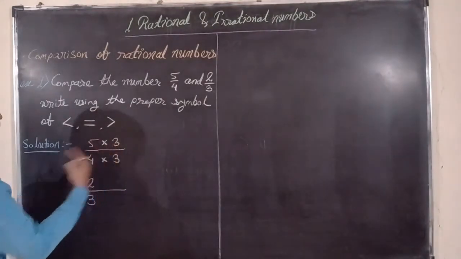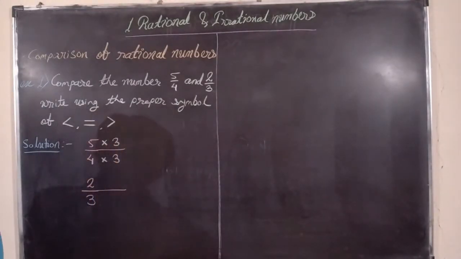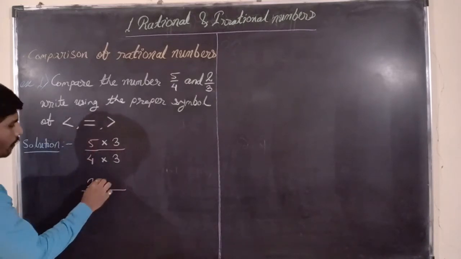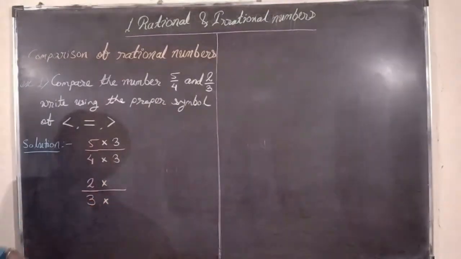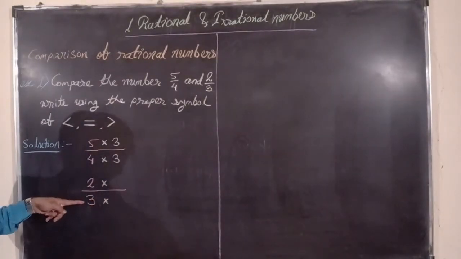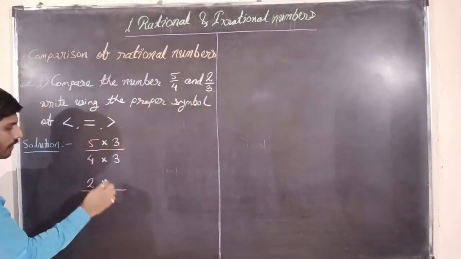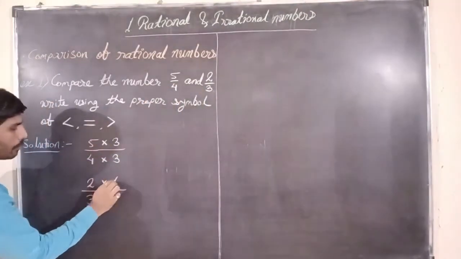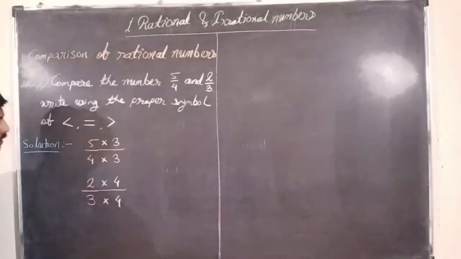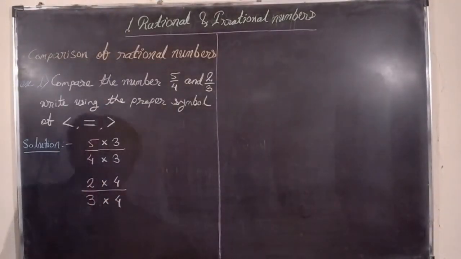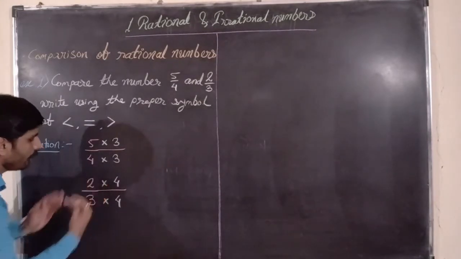As 3 will get cancelled with 3, the number remaining will be 5 by 4. Now we will multiply and divide the numerator and denominator of the second number by 4. Again, if we cancel this 4, the remaining number will be 2 by 3.